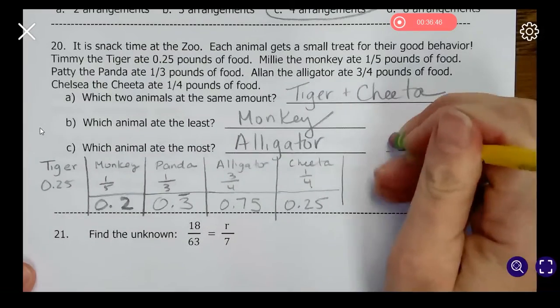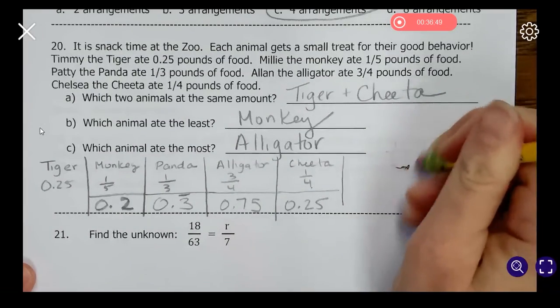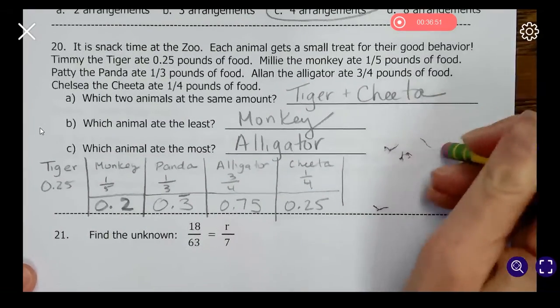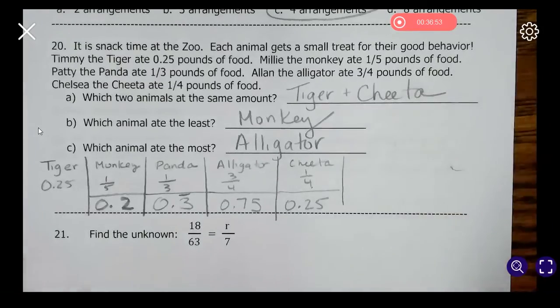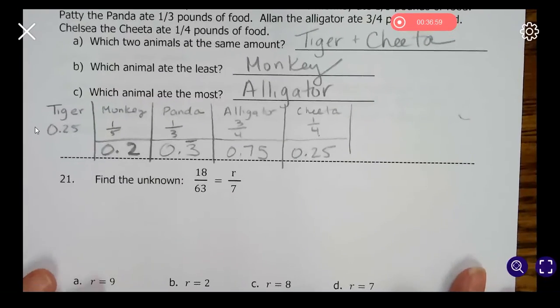If you're just comparing two fractions, I would say keep them fractions. But if you have to compare a whole bunch of fractions to each other, it would be easier to make them decimals.